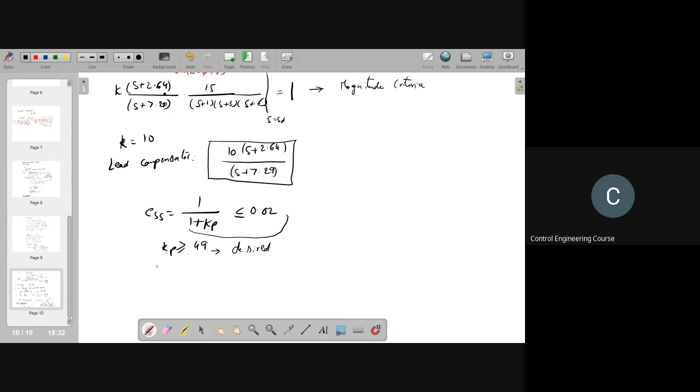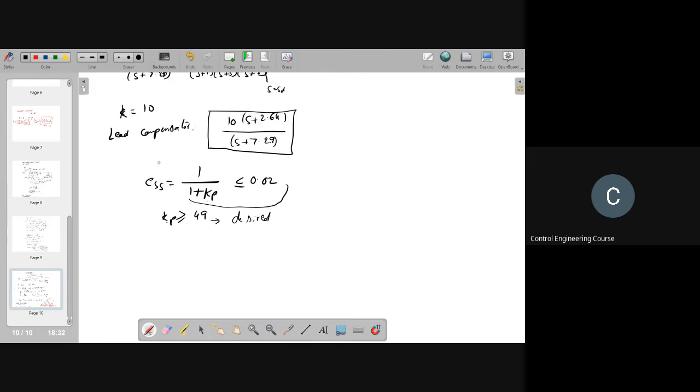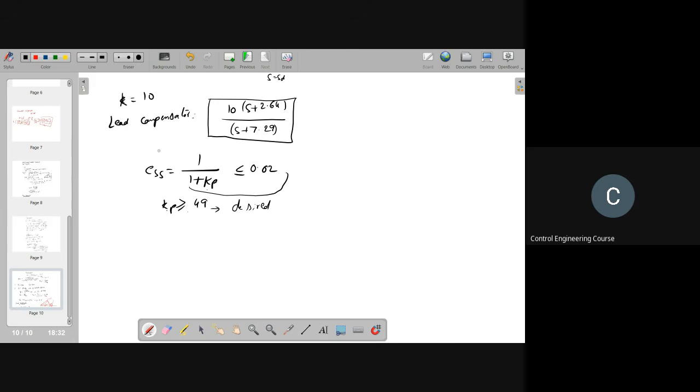The next step is, we already computed the lead compensator, right? From that, what is the existing Kp? Kp dash is equal to limit s tends to 0 of K into G lead compensator into G of s.